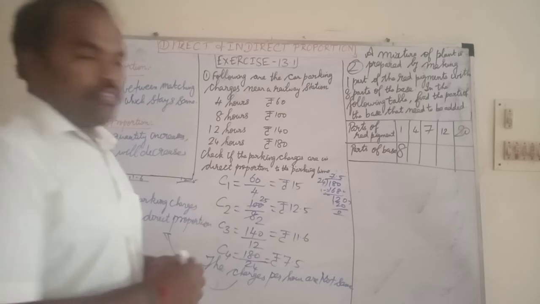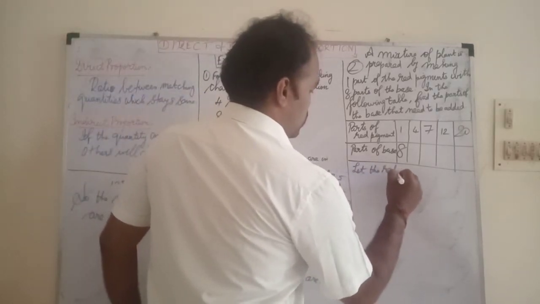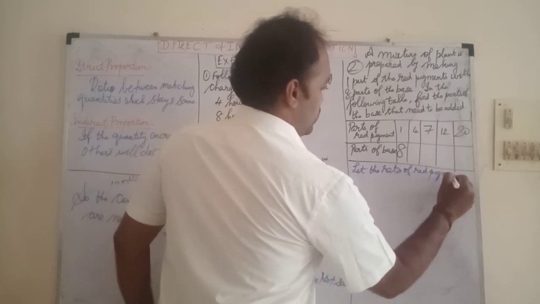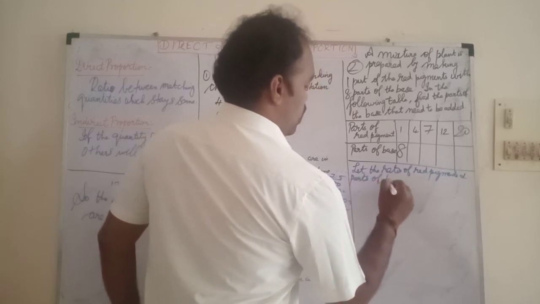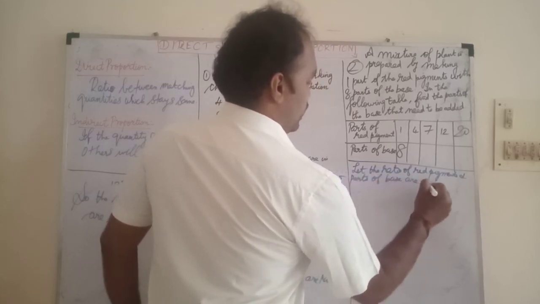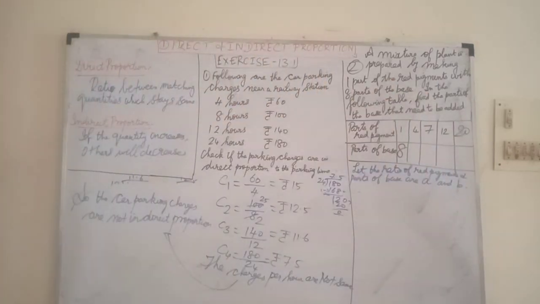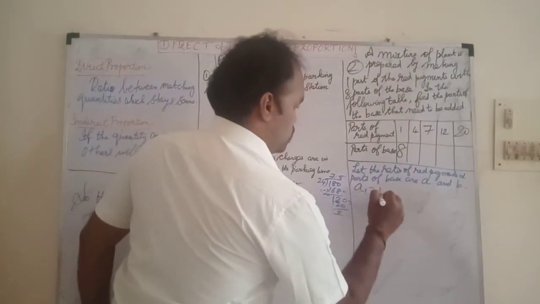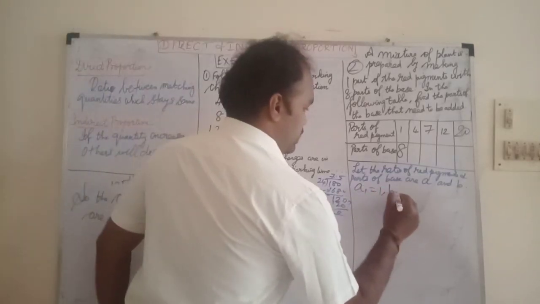Let the red pigment and parts of base be A and B. A1 is 1 and B1 is 8.